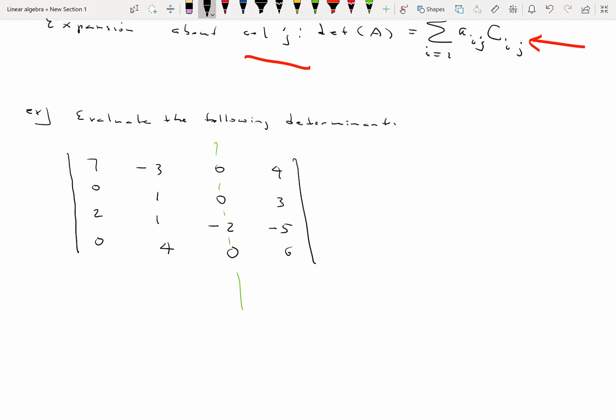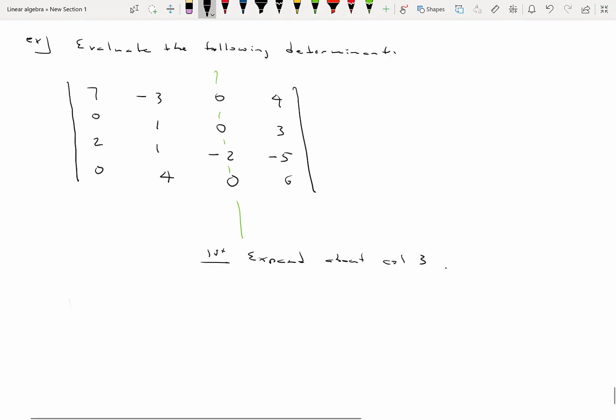So we're first going to expand about column 3. So this determinant then becomes, well, we're expanding about the column.